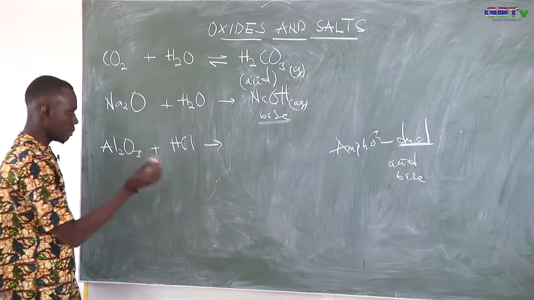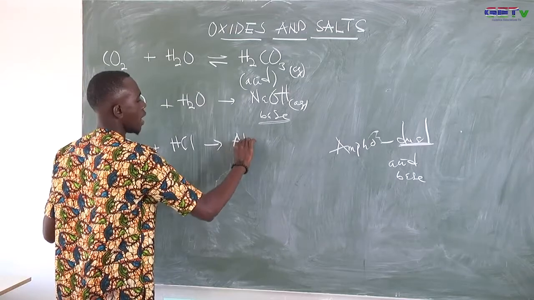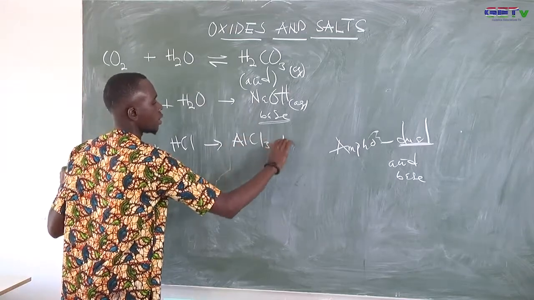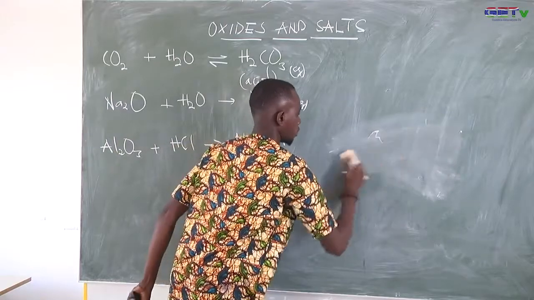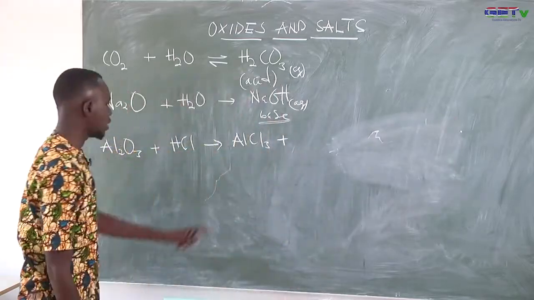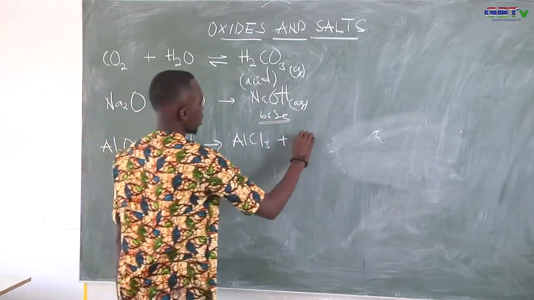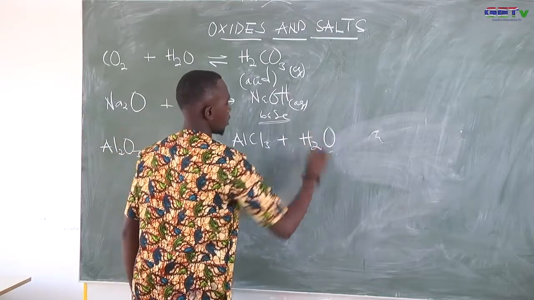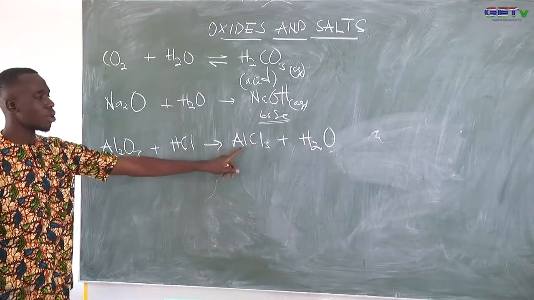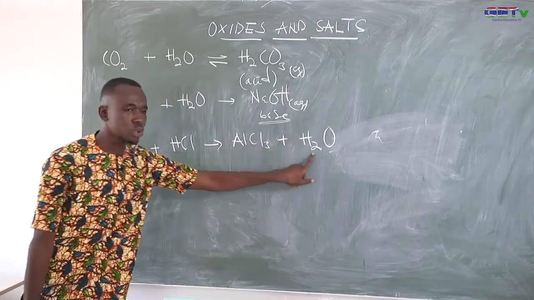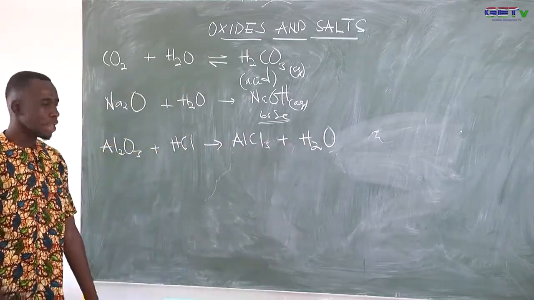So when they react, it will form AlCl3 plus water. So here, aluminium oxide reacted with the acid to form aluminium chloride, which is the salt, and also molecules of water.